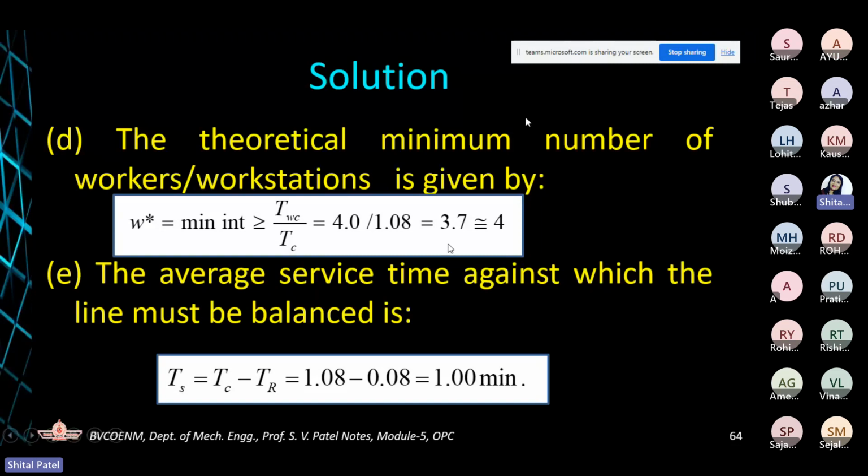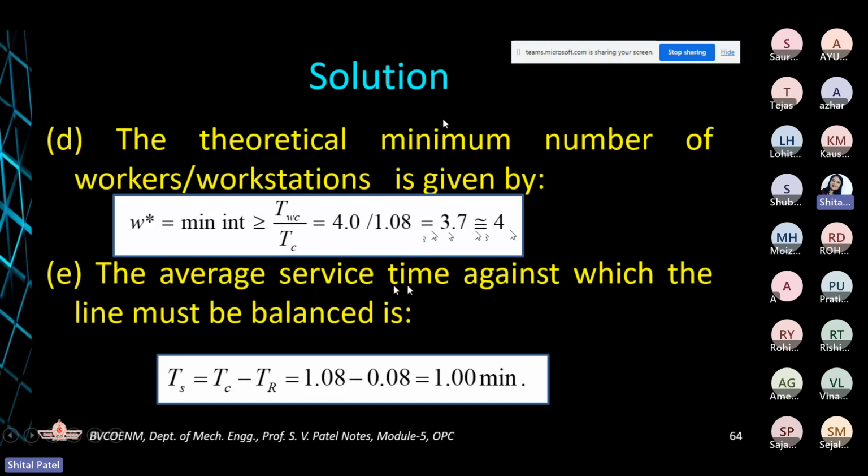So you'll be getting exactly 3.7, but we can't have 3.7 workers or 3.7 workstations. So we take it as the whole figure, that is 4. So a minimum of 4 workers or workstations are going to be required in the single line.